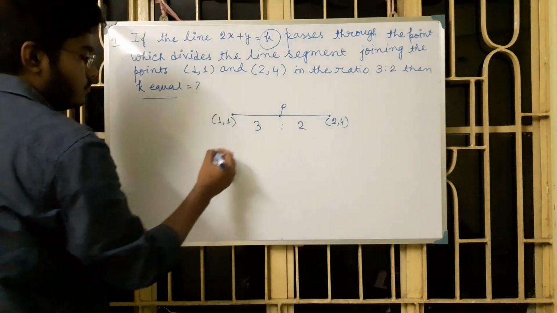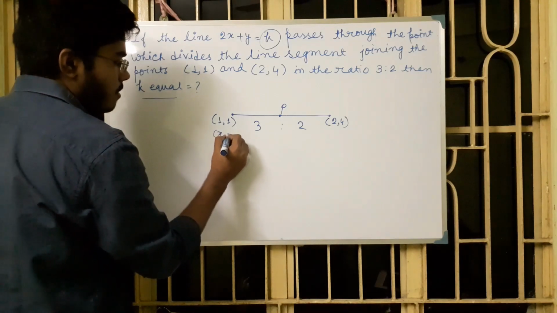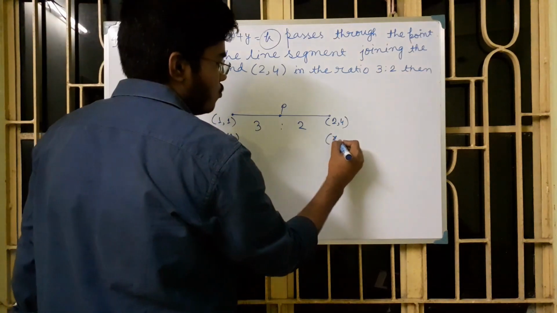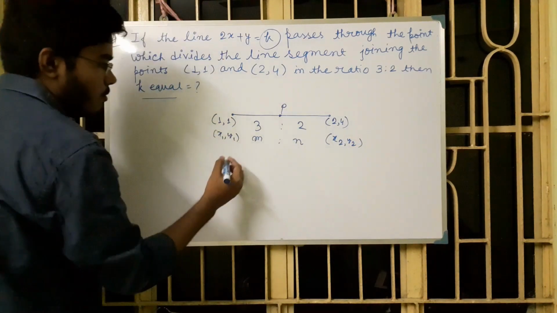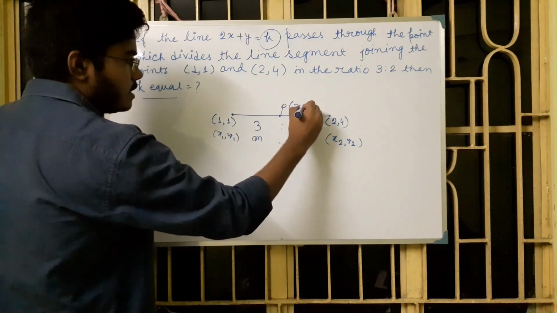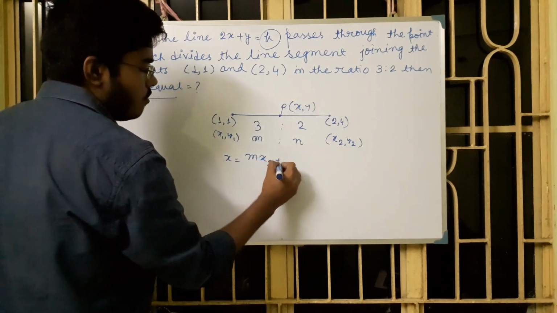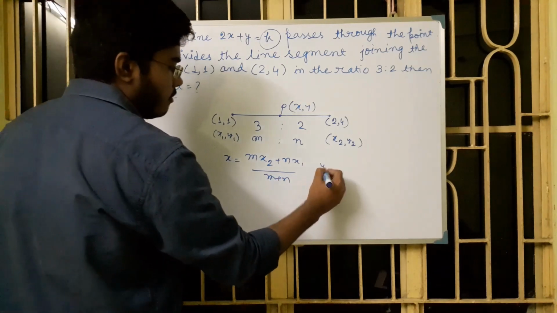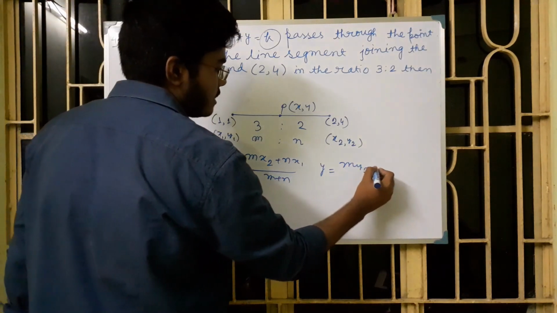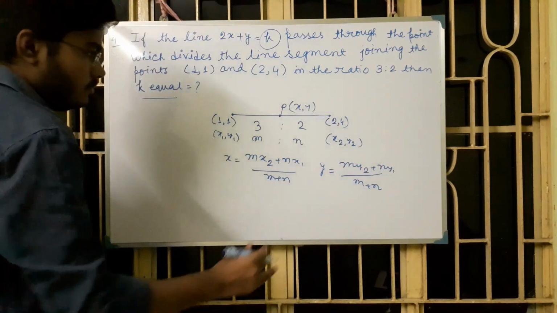So what formula do we have? If this is x1, y1, this is x2, y2, and the ratio is m:n, then if P is (x, y), x equals (mx2 plus nx1) upon (m plus n), and y equals (my2 plus ny1) upon (m plus n).